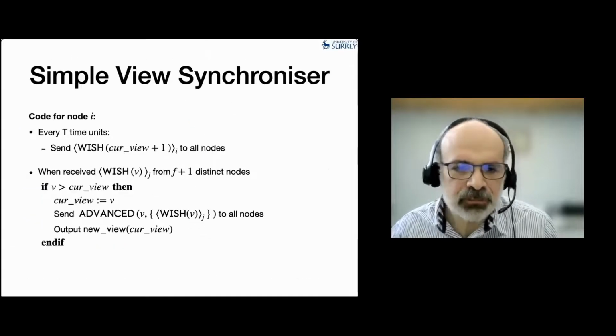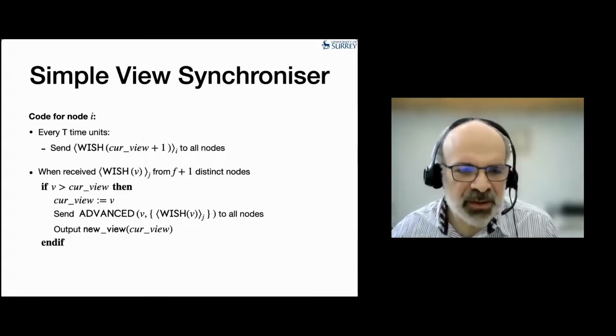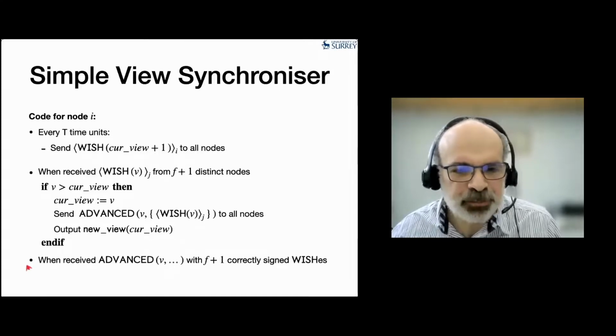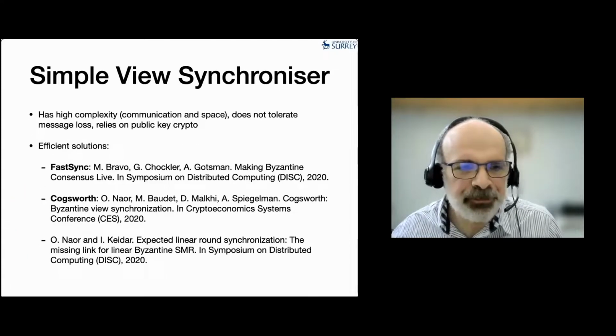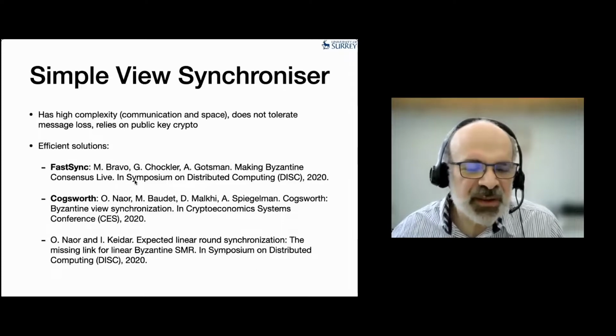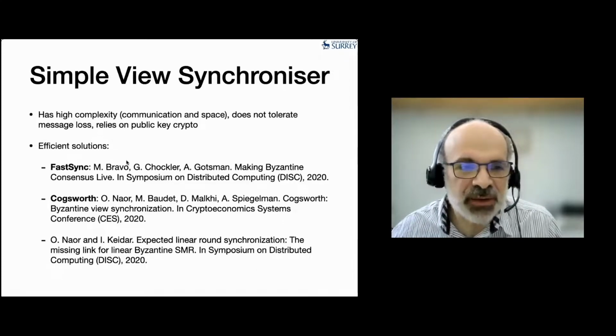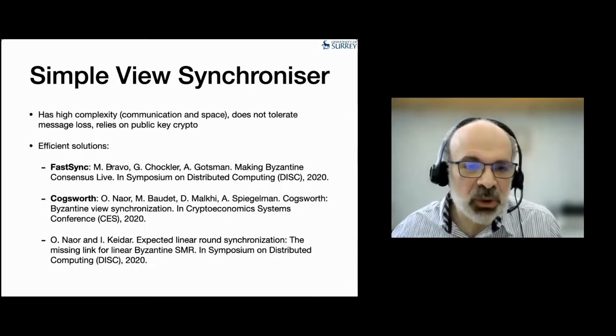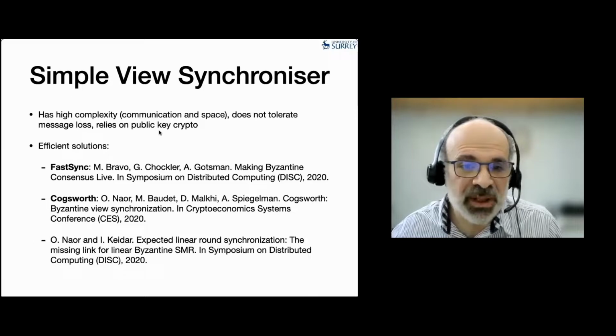This is one of the simpler implementations of the Synchronizer that I don't have time to discuss, unfortunately. Let me just say that the Synchronizer can be implemented efficiently, and we don't even need to rely on expensive public key primitives.